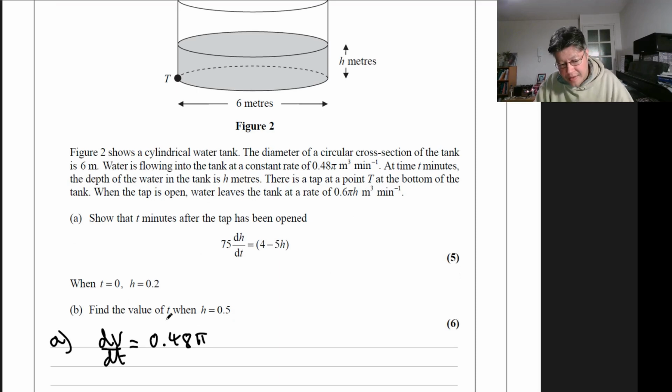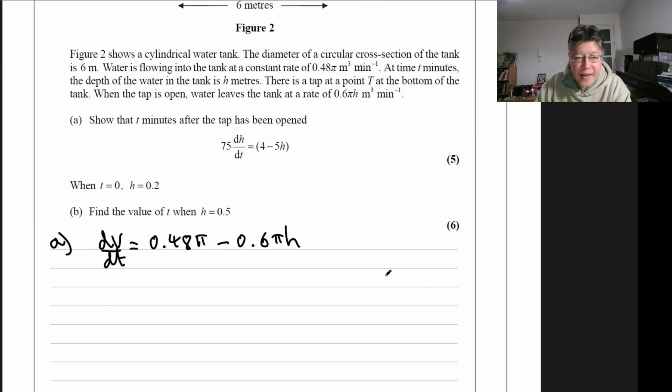So as well as water flowing in, we have to minus off the water that's flowing out. So that's minus 0.6 pi h. So that's all the information given here. And in part A, we need to work out dh/dt.